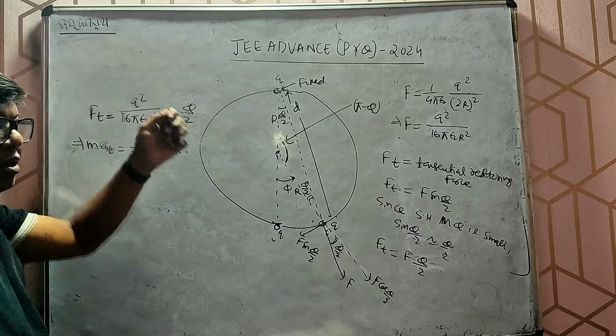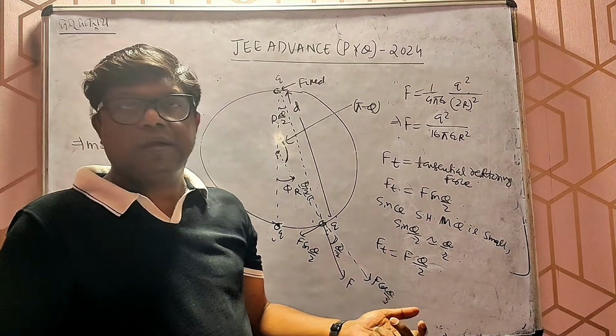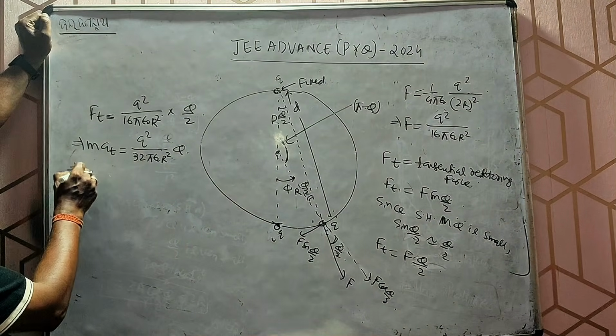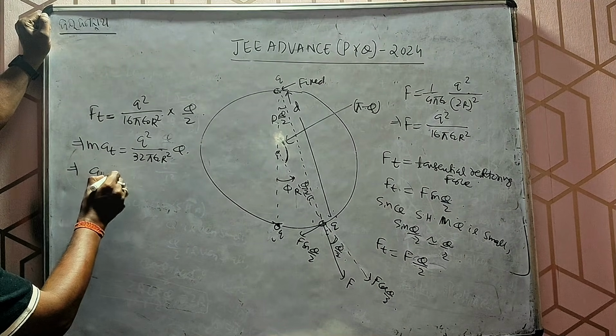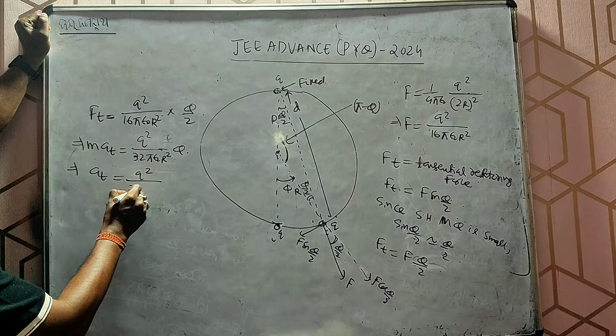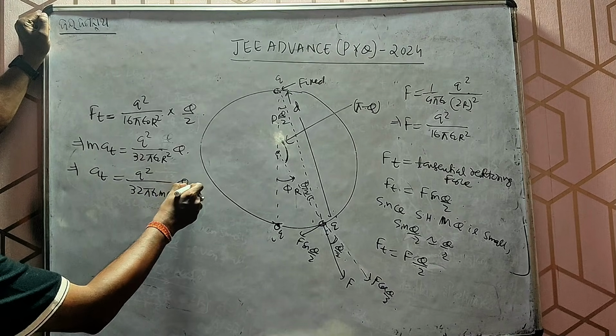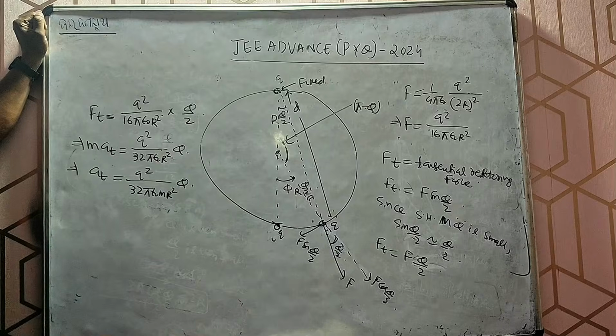And you know this tangential acceleration is equal to alpha into R, where alpha is the angular acceleration and R is the radius. So AT is equal to Q square by 32 pi epsilon 0 m R square into phi, where phi is the angular displacement.